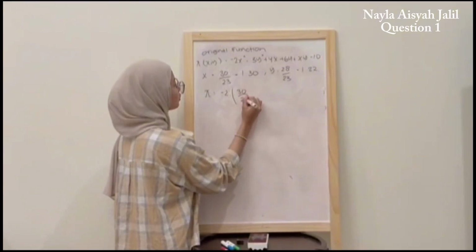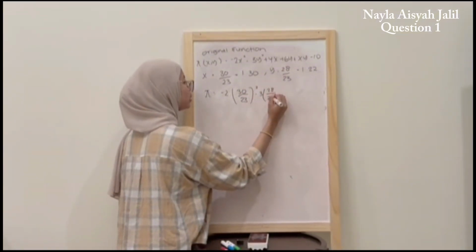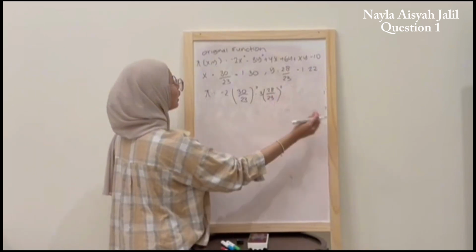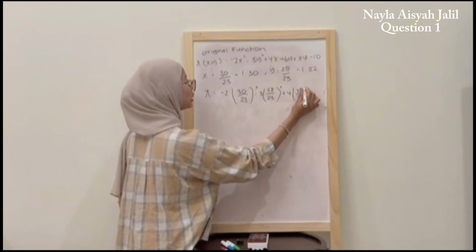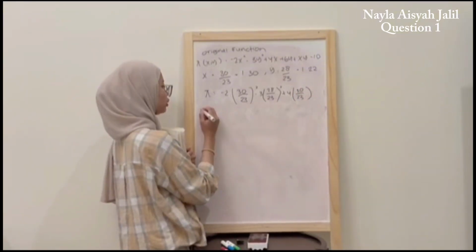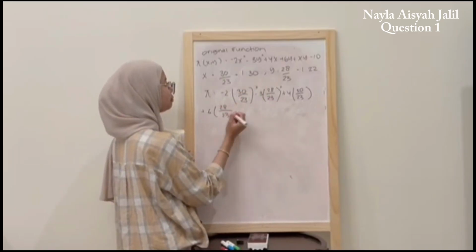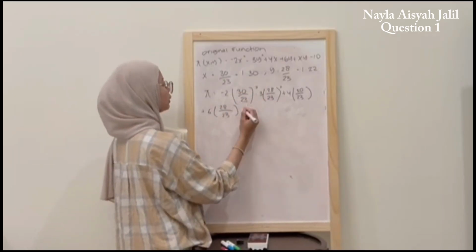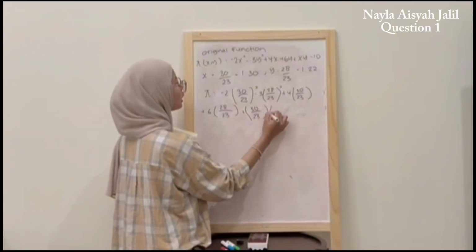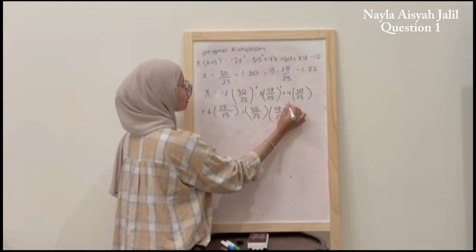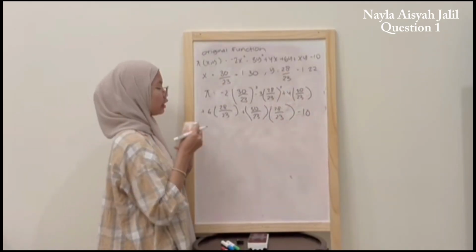So this minus 3 times 28 divided by 23 squared, and then plus 4 times 30 divided by 23, and then plus 6 times x times y, with x as 30 divided by 23 and y as 28 divided by 23, so minus 10. And then calculate.